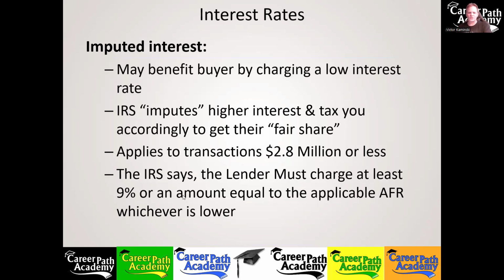The IRS says that the lender must charge at least 9% interest or an amount equal to the applicable federal rate, the AFR, whichever is lower. Currently, we are still below the 9%, so they're charging whatever the current rate is, whichever is lower.